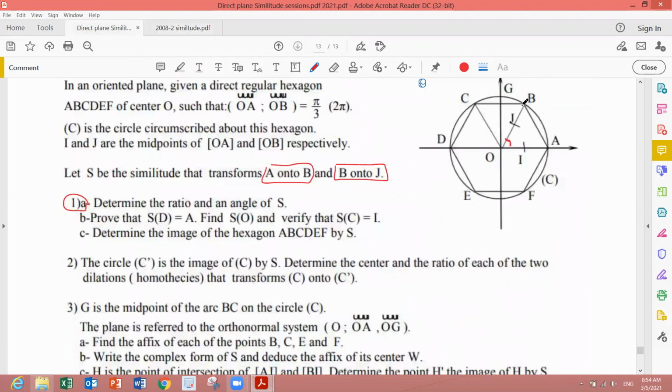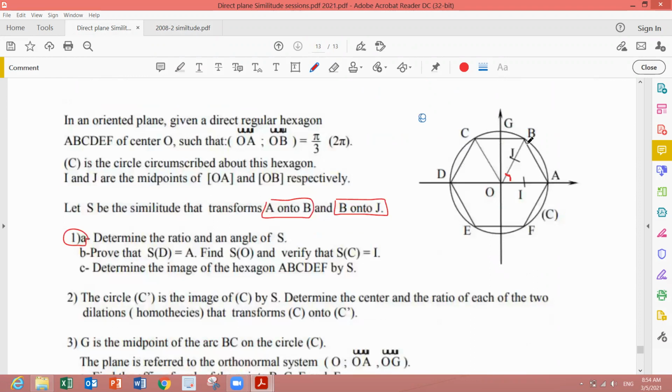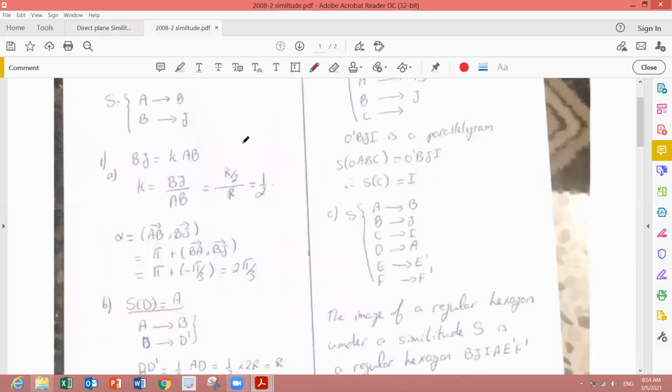What is the length of BJ? BJ is R over 2, and AB is R. So we get half. So K equal half.